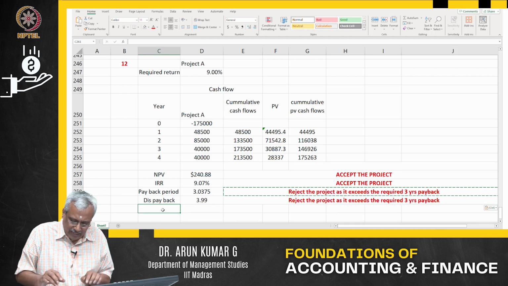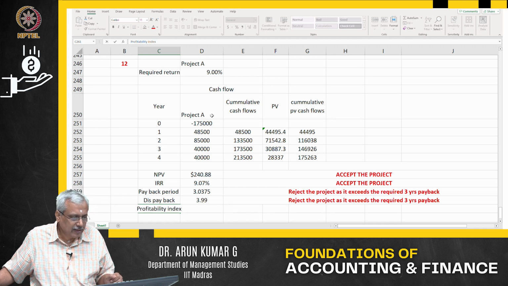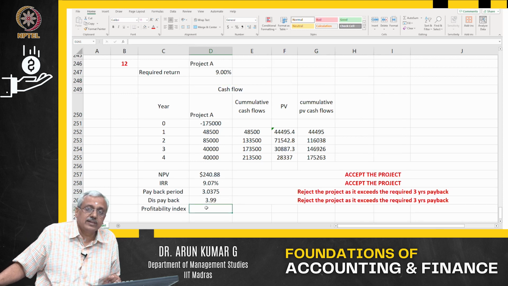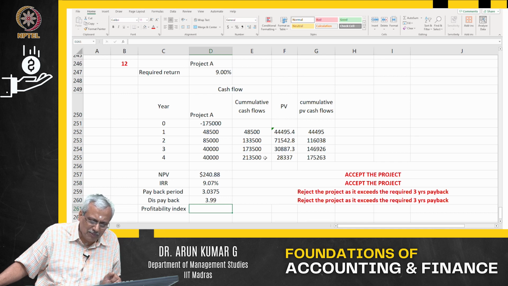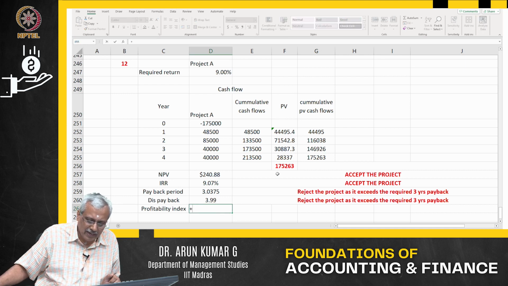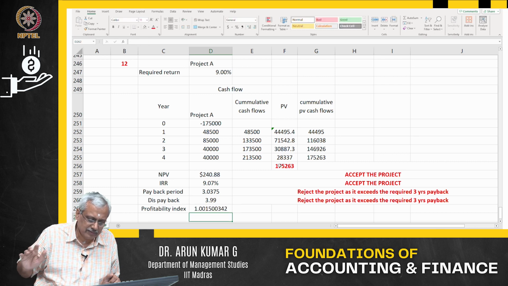The last one I will say is profitability index. Profitability index, what we calculated earlier. What did we say? The total present value of the cash flows, which we calculated here, divided by the initial investment, that is 1,75,000.